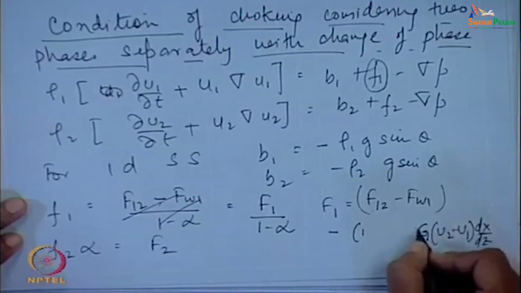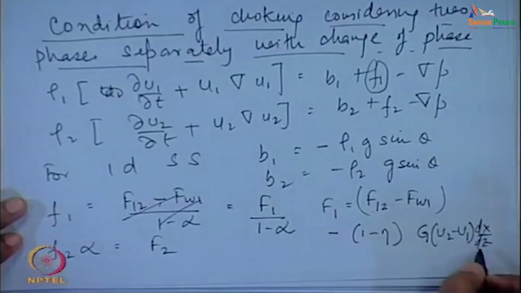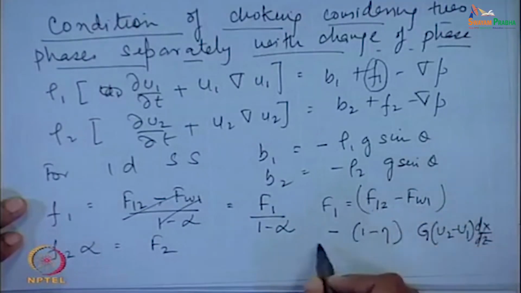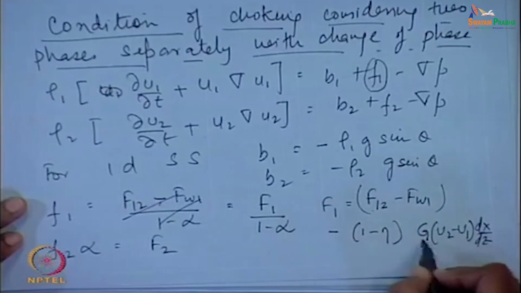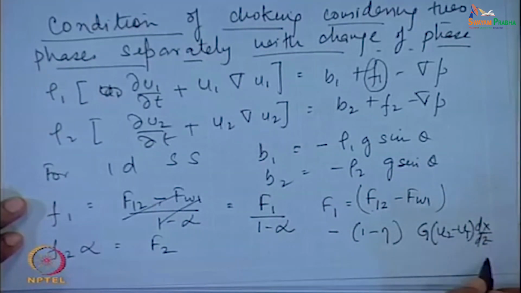Okay. And out of this total force, we had assumed that 1 minus eta of the total force goes to phase 1 and eta amount of the total force goes to phase 2. Remember those things. So, therefore, we find F1 equals F12 minus Fw1 minus of 1 minus eta into G u2 minus u1. These are all u2 minus u1 dx dz.